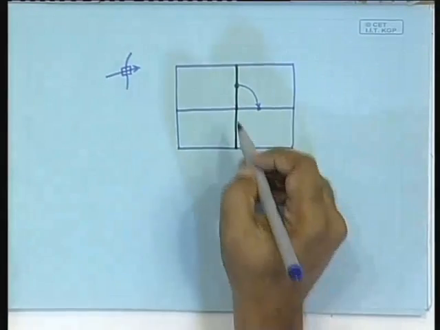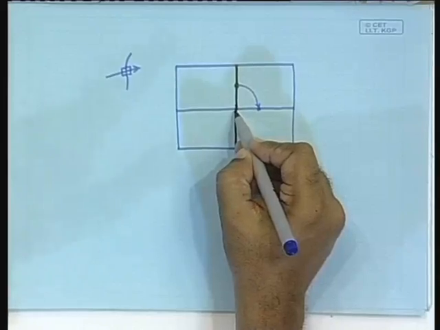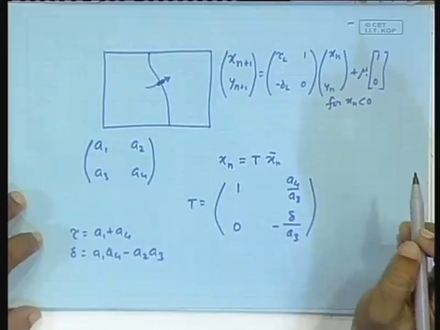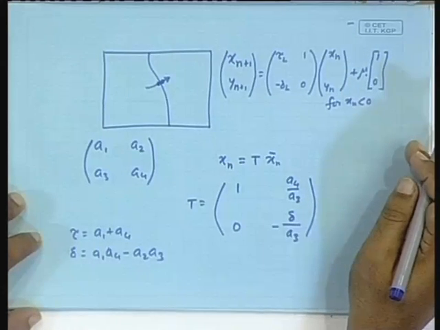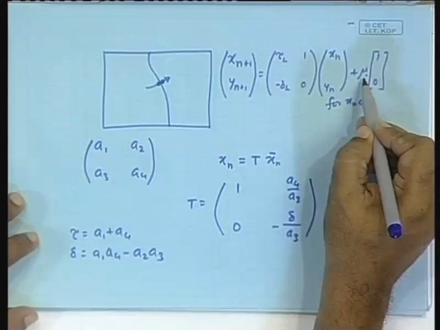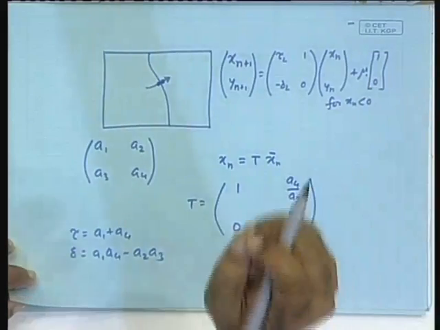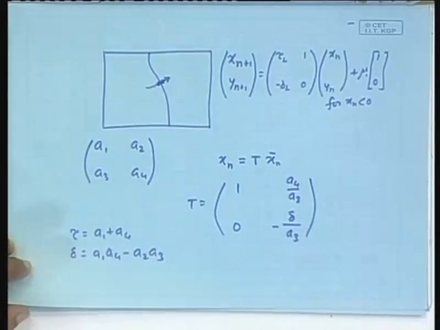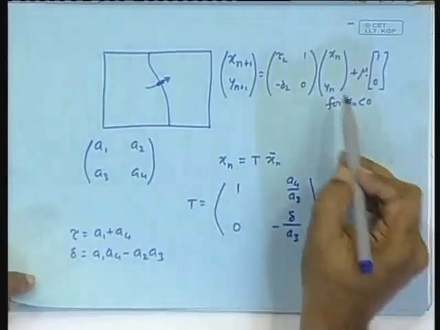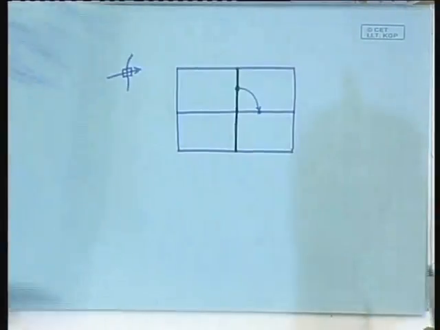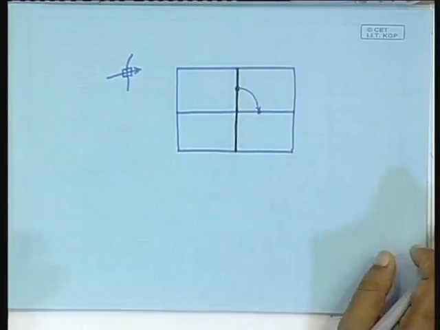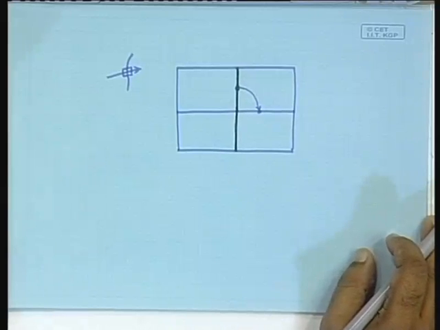Now, notice when you say 0 0 will map to itself, this is not exactly correct because of this mu. So, only when mu is 0, 0 0 will map to 0 0, that means the fixed point is exactly located at the origin, else not. We will have to find the location of the fixed point in this case.